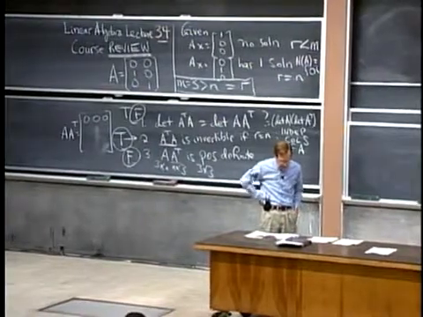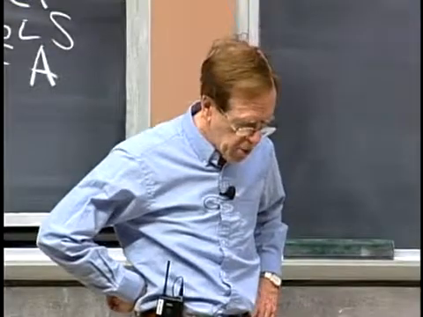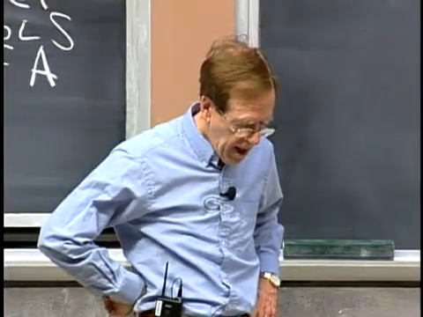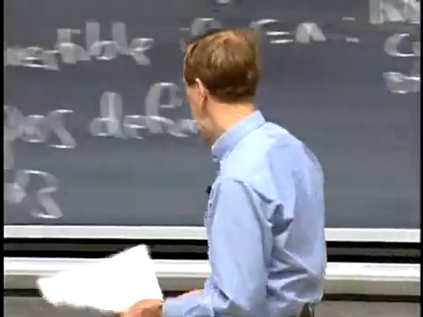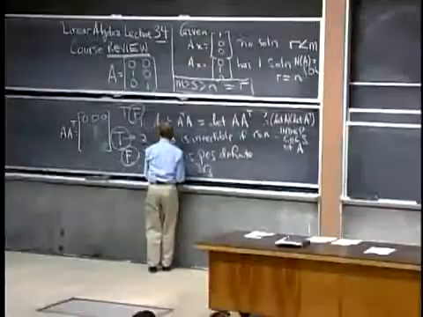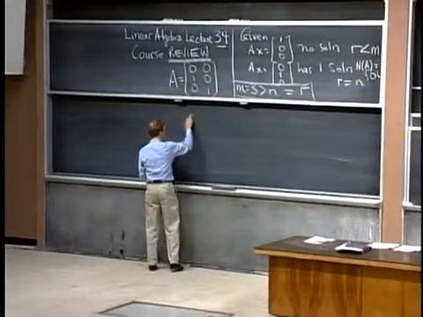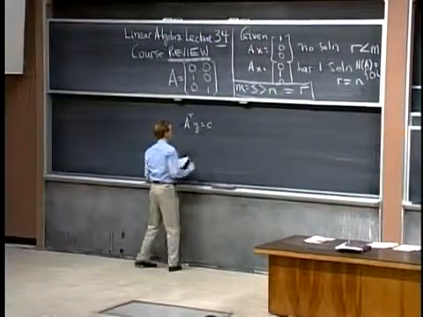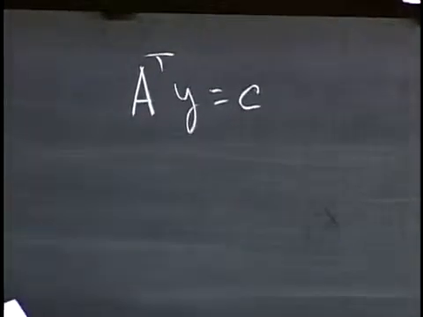Now, he even asks more. Prove that A transpose Y equals C. God, this question goes on and on. Now I ask you about A transpose Y equals C. So I'm asking you about the equation, about the matrix A transpose.